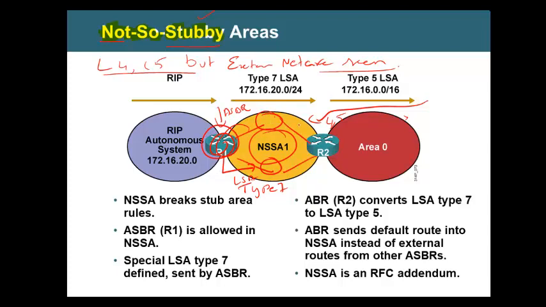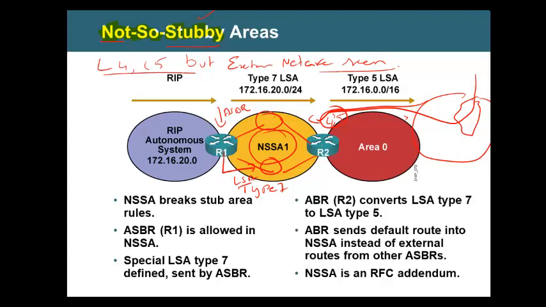I repeat, in this autonomous system, you have two ASBR. One is router 1, shown in this picture. The other one is not shown in this picture. It is somewhere here, another ASBR. So the external networks coming from this ASBR are denied.